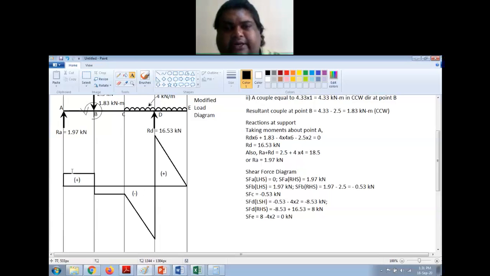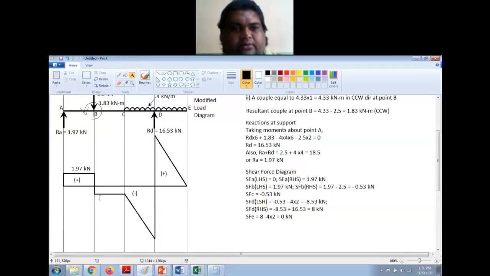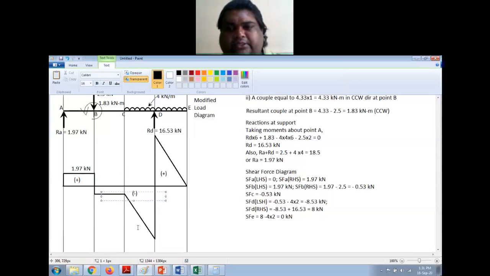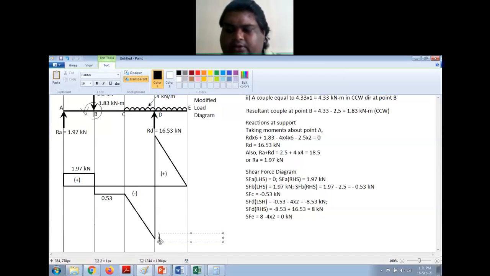Also just write down the values on the shear force diagram. This is 1.97 kilonewton. For this one, I don't have to mention the sign, 0.53, because I have already mentioned plus and minus here. So this is 0.53. This value is 8.53 kilonewton.